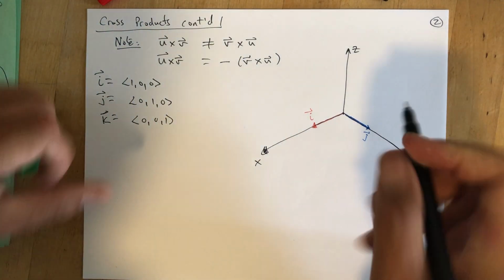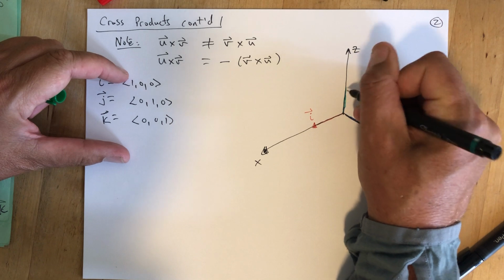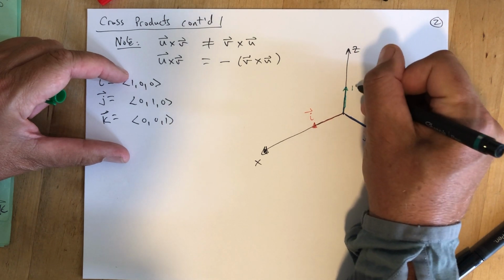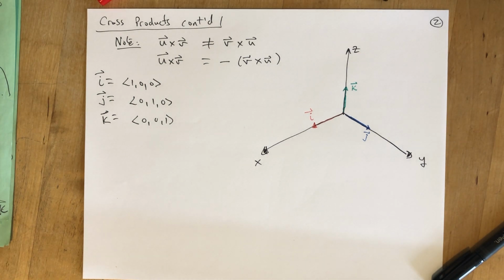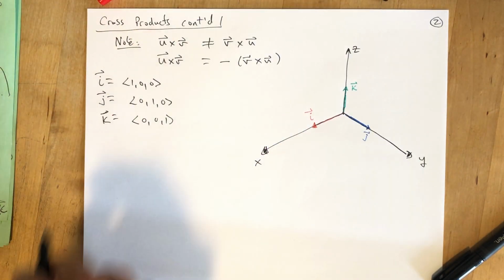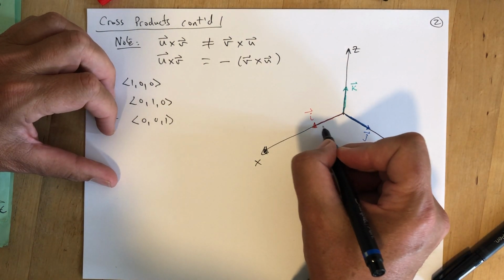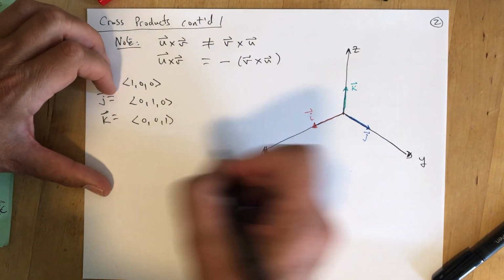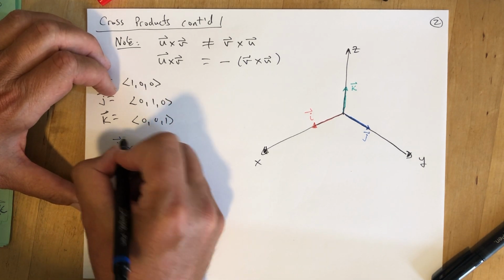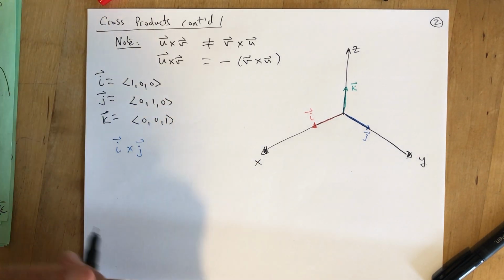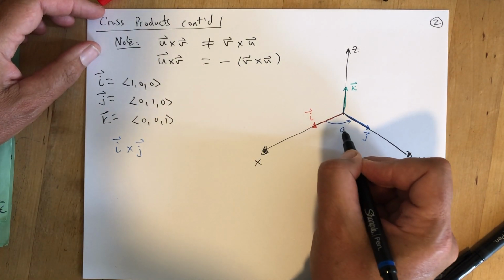And then I've got green here, and this is going to be vector K. And that lies on the z-axis. So okay, if we take I cross J, just like we did before, so this means the theta I'm using is opening that way.